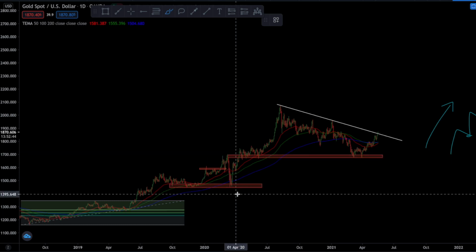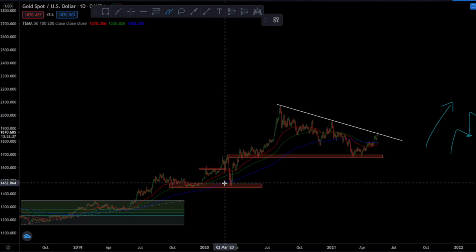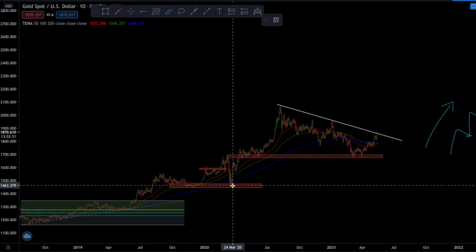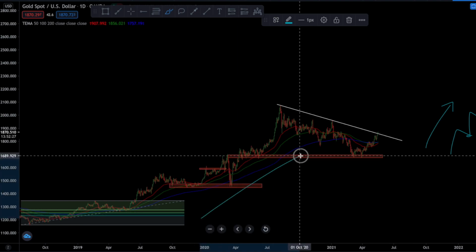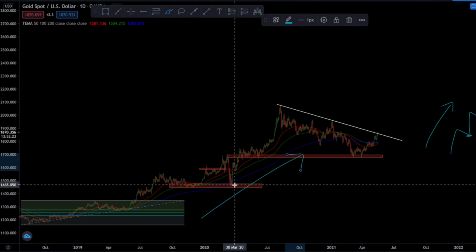But when the price dropped down, it did not move below this level. So when the price doesn't move below the previous higher low, which in this case was this, we still know that the bullish trend, or the uptrend, is still there, and the price can move up because the buyers are holding their positions.